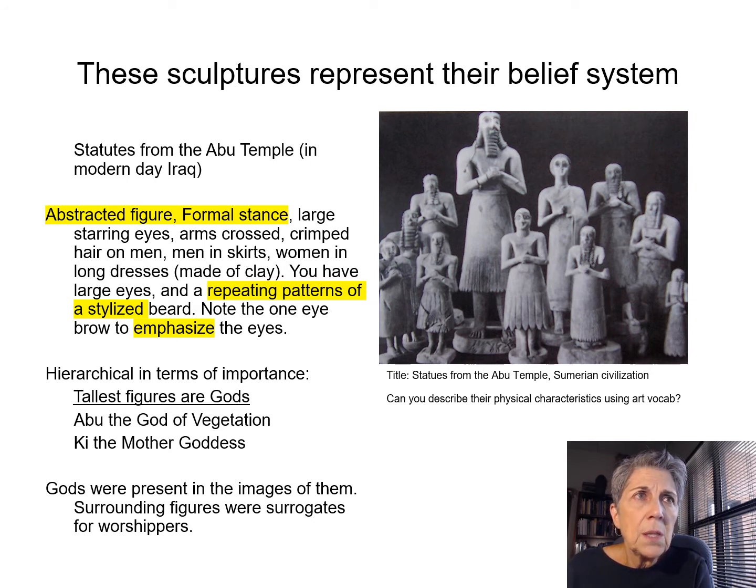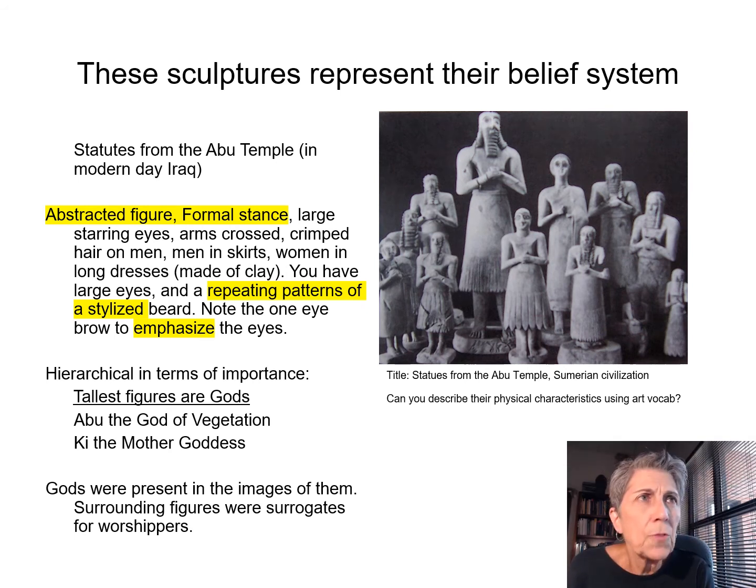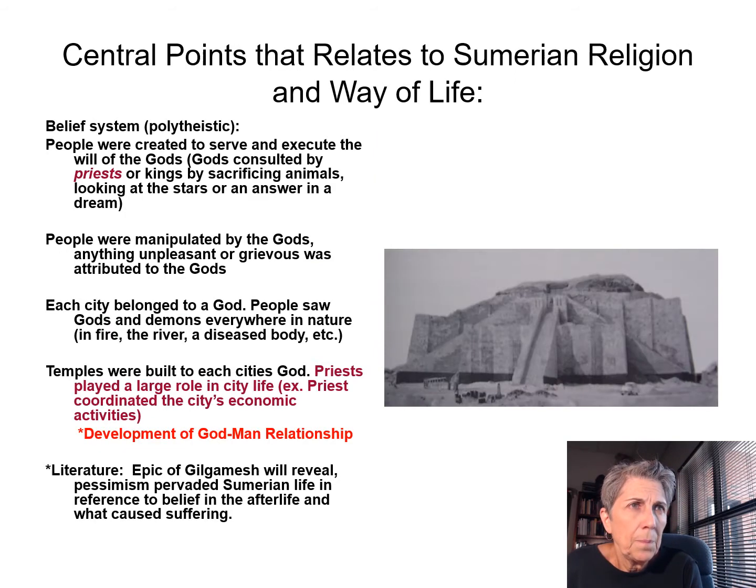And as you can see, there is repeating patterns in the crimped beard and as well in the dress itself. And so, that's how you would describe that. And they're made out of clay. All right. Title of that is Statues from the Abu Temple. So those would be found in the temple.